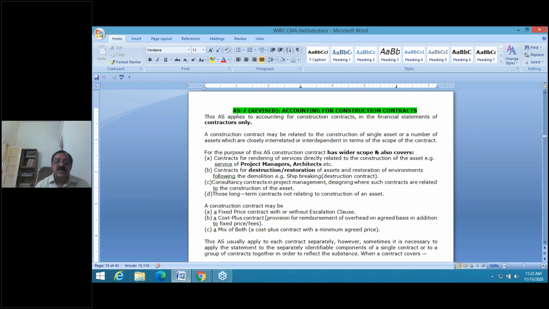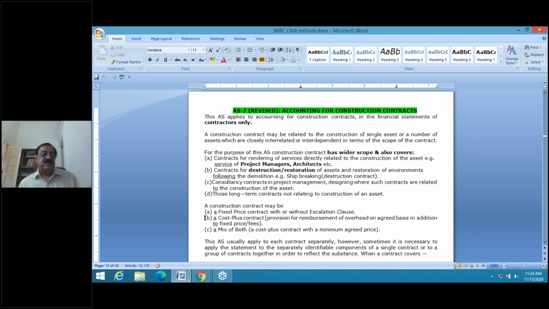In Gujarat, we have the Alang shipyard. Ships are broken there and each and every part is sold thereafter. So it takes a longer period of time. So this ship breaking is also covered under AS 7. Consultancy contracts in project management and designing, where such contracts are related to the construction of the asset, and long-term contracts not relating to construction of an asset, are also covered under this.